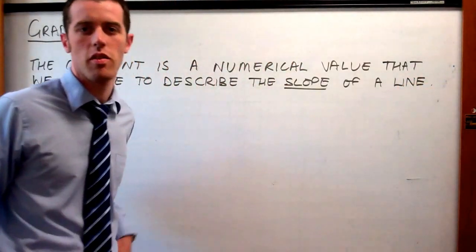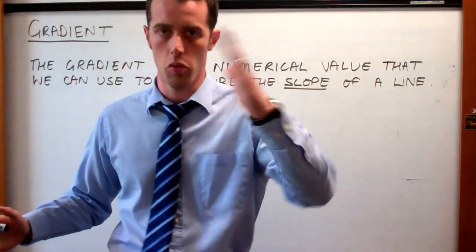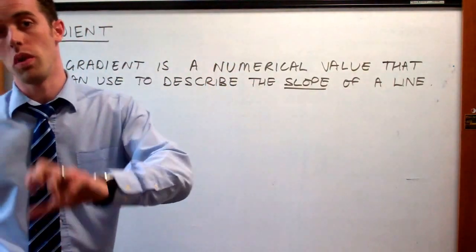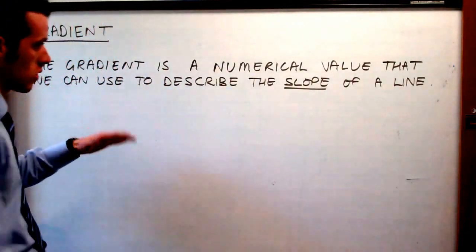So instead of saying that line is steep, that line is not steep, that line slopes this way, it slopes that way, we have numbers now that we can actually put on the line to indicate its slope. Okay, and that's called the gradient.